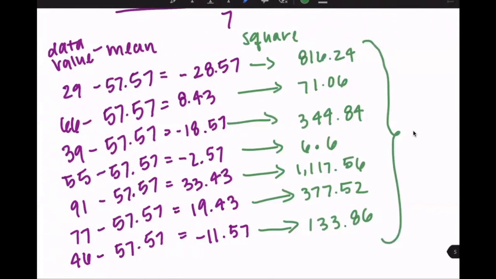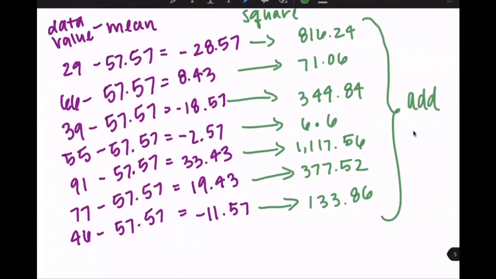And then the next step is to add all of the squares. So we're going to add going down. All right, and then the final step is going to be to use the formula.